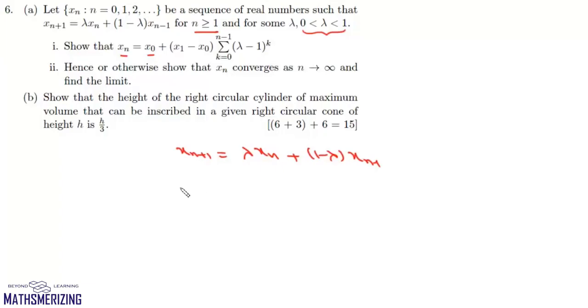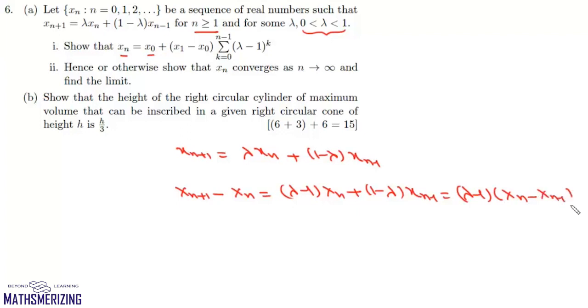Now from this first part we can write x_(n+1) minus x_n will be (lambda minus 1) x_n plus (1 minus lambda) x_(n-1), which we can write as (lambda minus 1) into (x_n minus x_(n-1)).